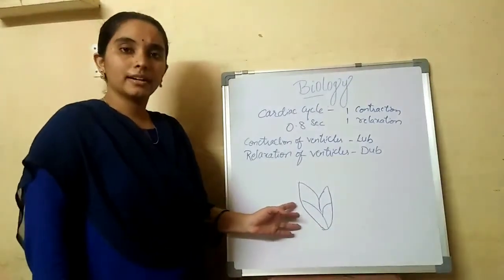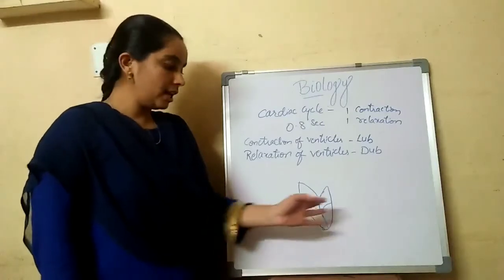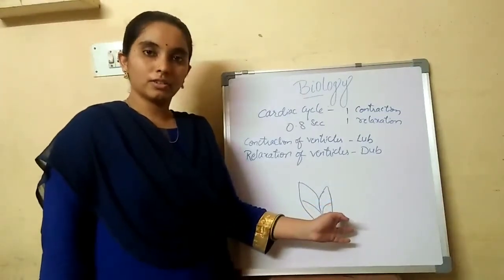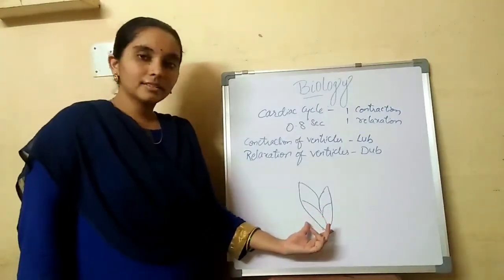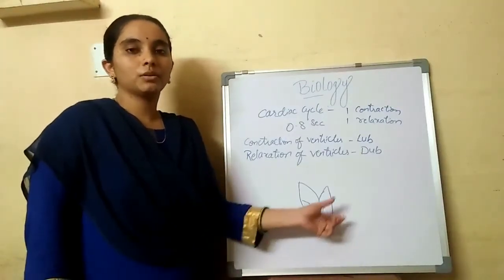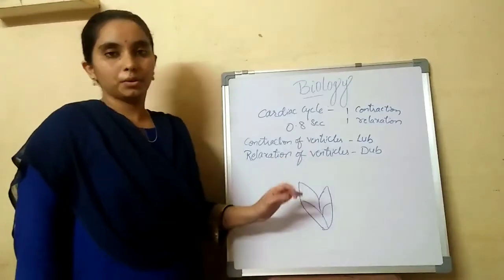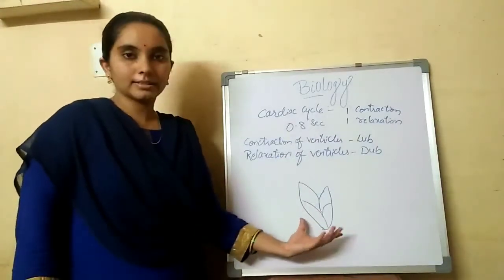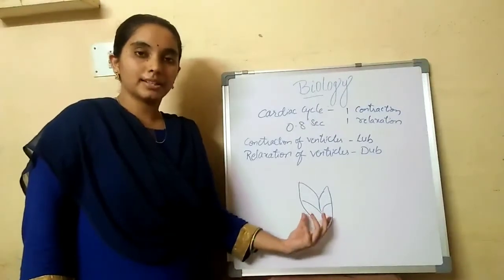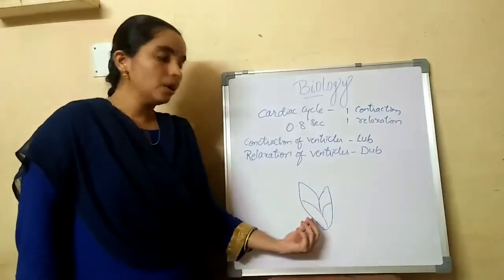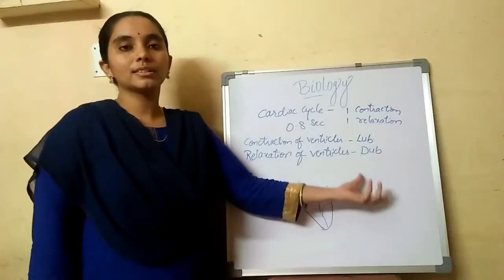The right ventricle is filled with deoxygenated blood, and the left ventricle is filled with oxygenated blood. So now this blood has to be given to the pulmonary artery and the aorta.